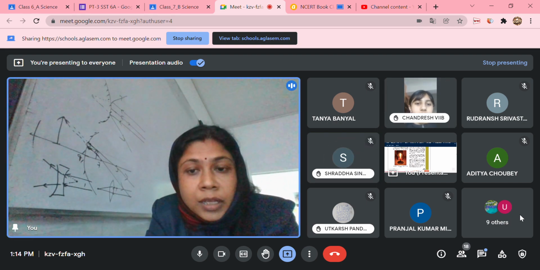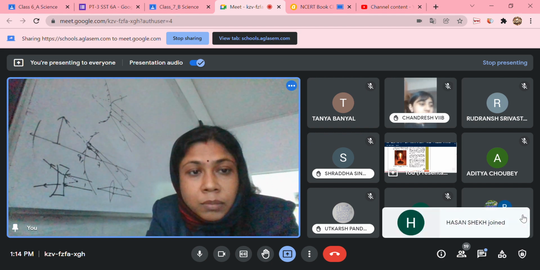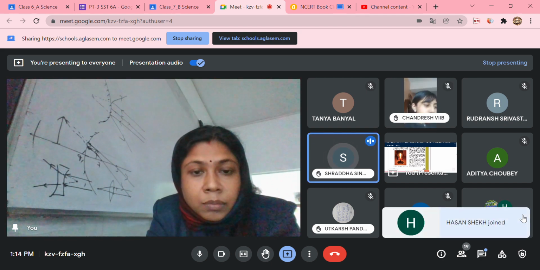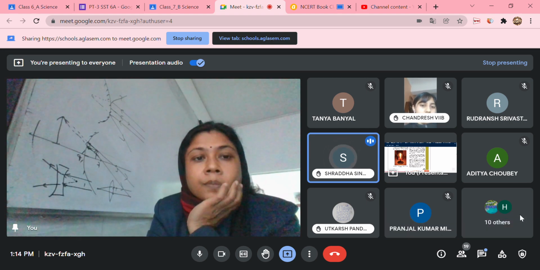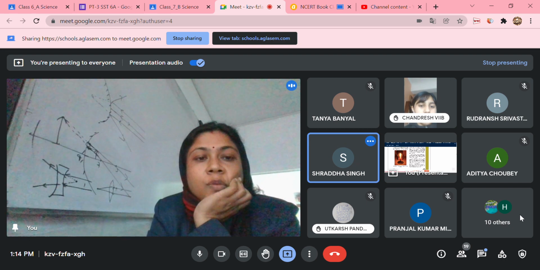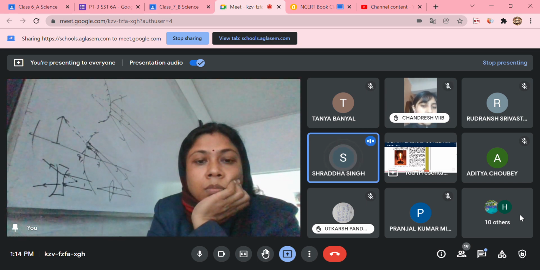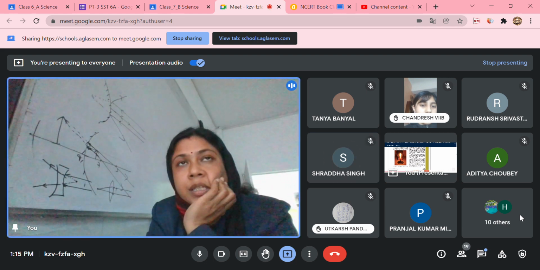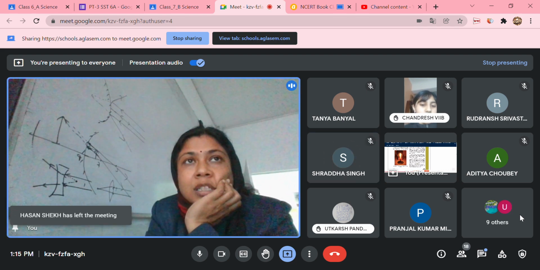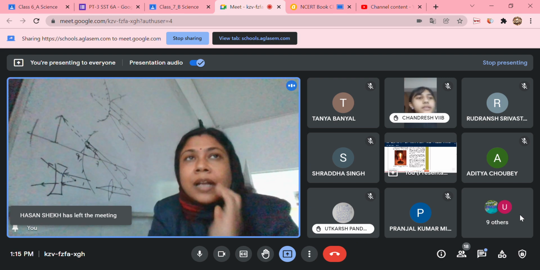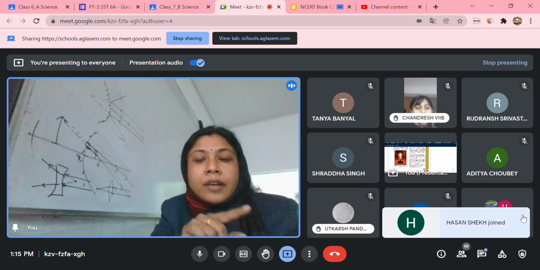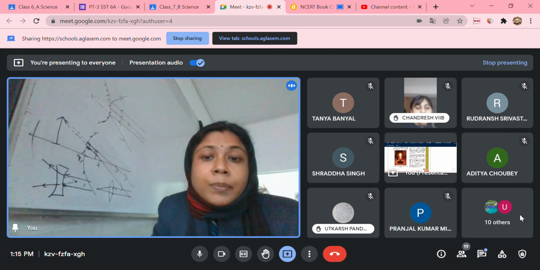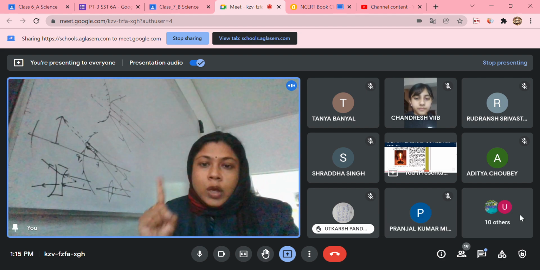Yes, Shraddha, give the answer. Ma'am, the angle of incidence, angle of reflection, and normal lie on the same plane. And another law: the angle of reflection is equal to the angle of incidence. The angle the incident ray makes with the normal and the angle the reflected ray makes with the normal will always be equal. That is one law.